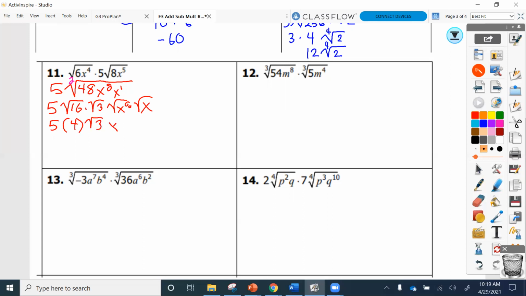This would end up being x to the 8 divided by 2, and this would just be the square root of x. All right, so 5 times 4 is 20. This would be x to the 4th root x. Now we're just going to move the x to the 4th up front, 20x to the 4th, and we're left with 3 and x under the radical sign.